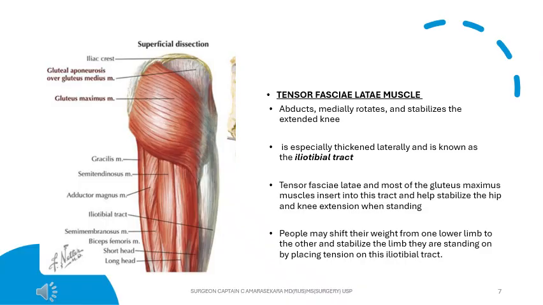The TFL lies just anterior to gluteus medius and superior to vastus lateralis. It's closely associated with the iliotibial tract, a thickened band of fascia that runs down the lateral thigh to the tibia.